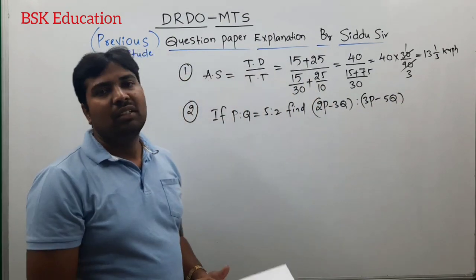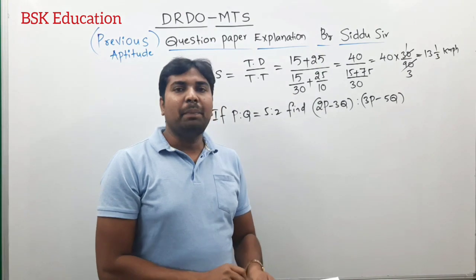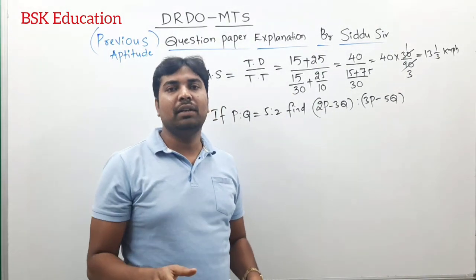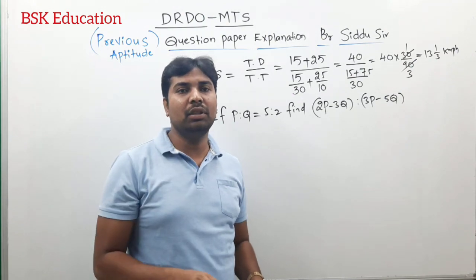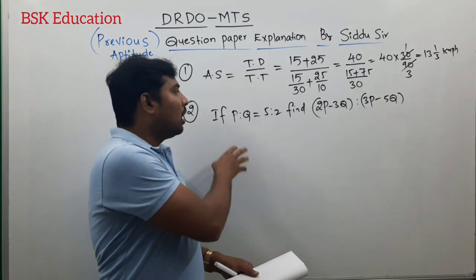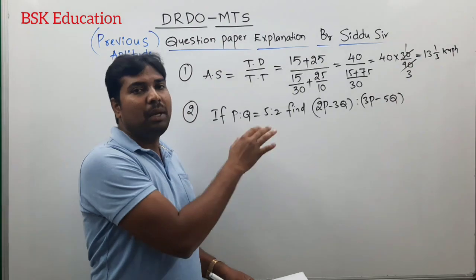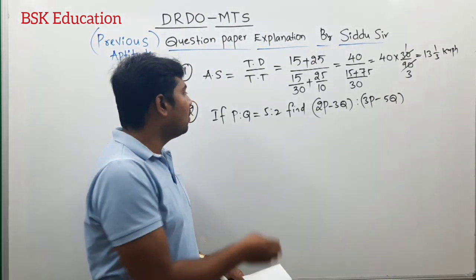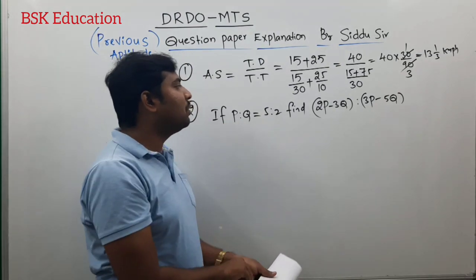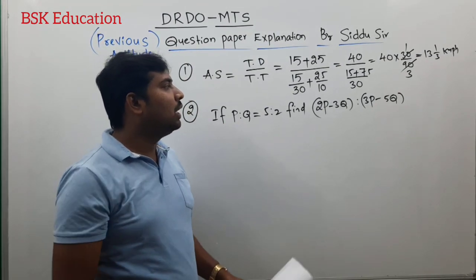See guys, these questions are based on 10th class only. These examinations will be going on at the 10th class level, so the questions may be easy or average, and some of the questions may be critical.